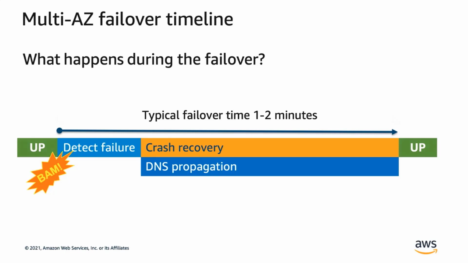Again, it is no different than if the database had just crashed. The failover also involves a DNS change to update the instance endpoint to a new IP address. This way, applications don't need to be reconfigured or modified at all after a failover. In most cases, that process takes 1 to 2 minutes.